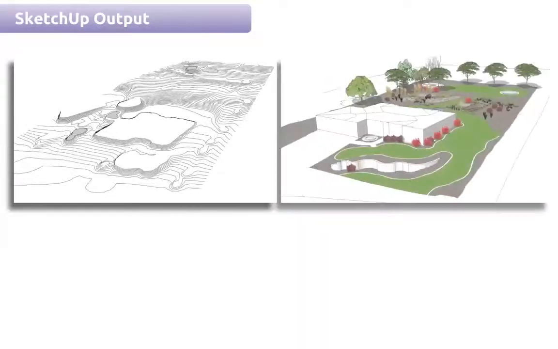And then I'm able to bring these contours into SketchUp, because they're three-dimensional contours. And so I'm able to generate the actual landform in SketchUp just using the Sandbox tool.